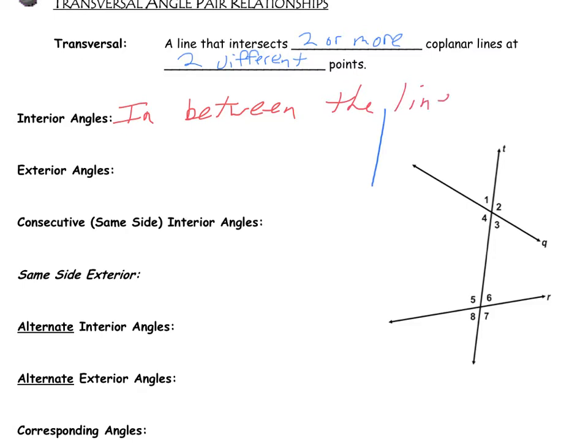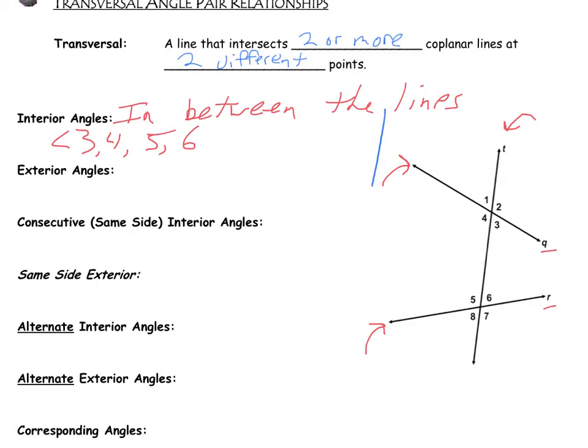So looking at our diagram, we've got our transversal, which is T. This line is our transversal. And these are the two lines that are being intersected by the transversal. So the angles in between these two lines, Q and R, are going to be angles 3, 4, 5, and 6.